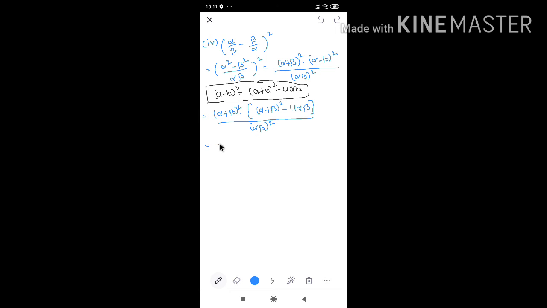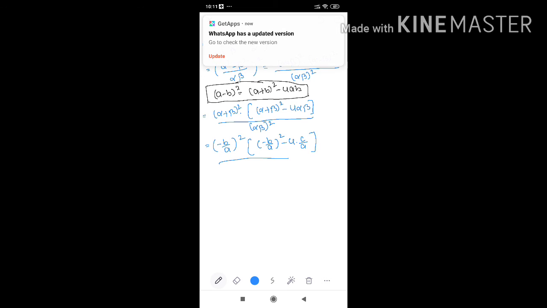So we know alpha plus beta, which is minus b by a whole square, into again alpha plus beta I can replace it as minus b by a whole square minus alpha beta value 4 times of c by a, by alpha beta, which is c by a whole square.